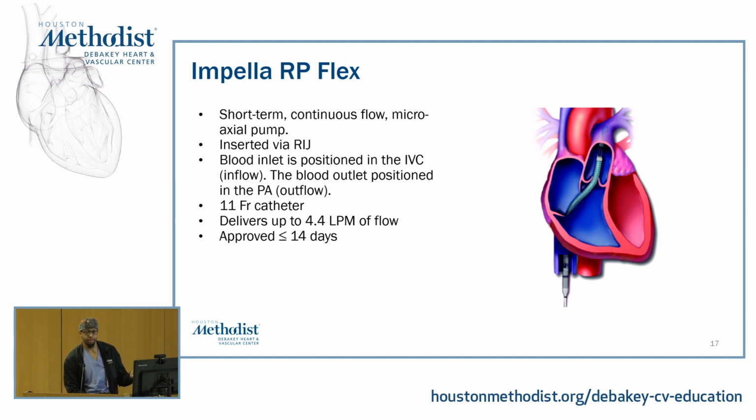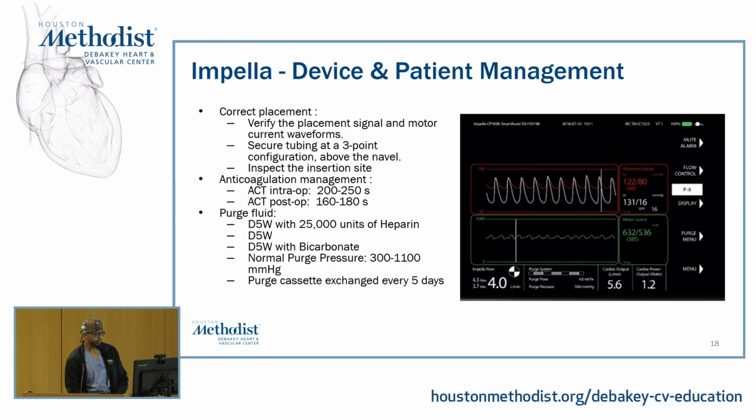Of course, most institutions use these beyond that time period, in which case I was talking about the failures that occur over time when that happens. This is the smallest, and there's not a lot of right heart support devices on the market that you can use. So this was actually a great device for Impella to come out with.